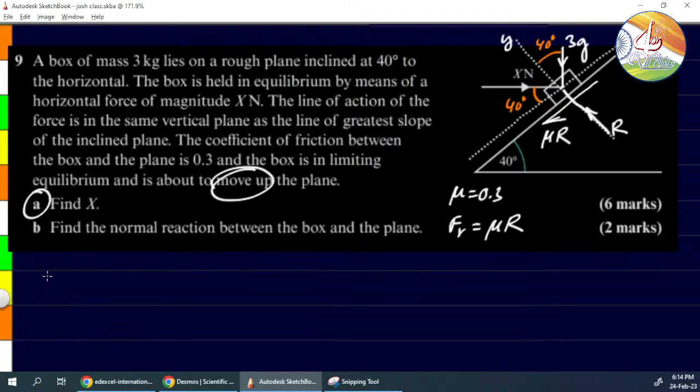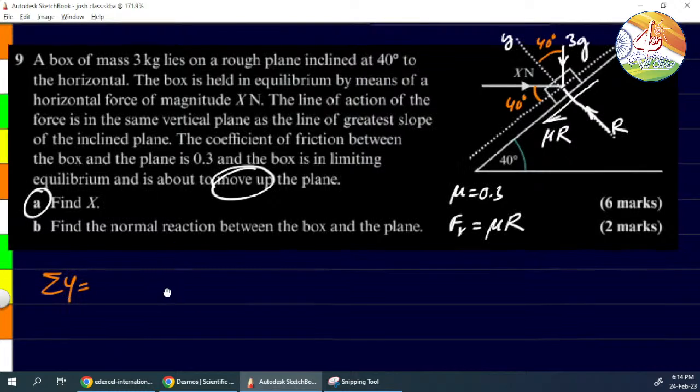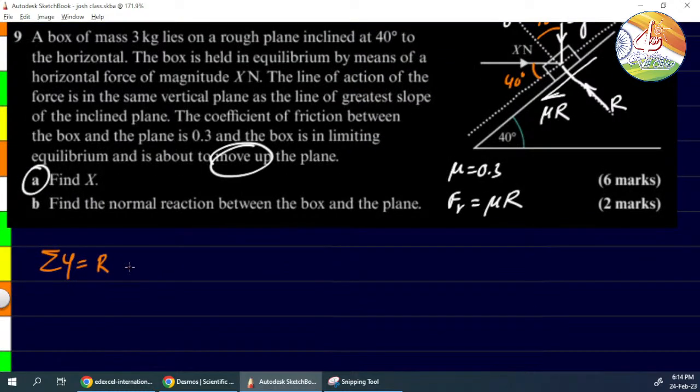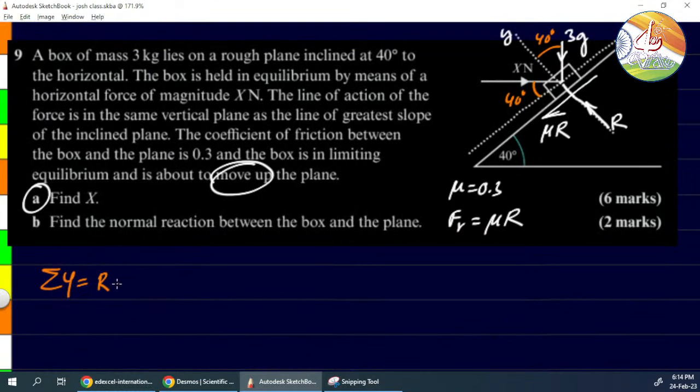Okay, so let's take Y components first. R is acting upwards. Then the component of 3g will be 3g cos 40 degrees, and it will act in the negative y direction, so negative. Then the component of X is X sine 40 degrees, and this component is acting downwards, so minus.